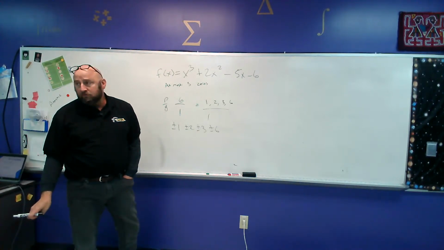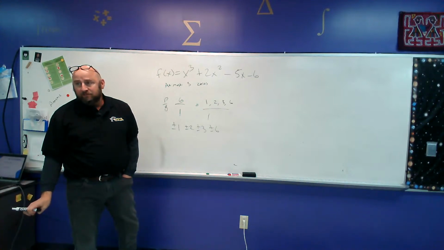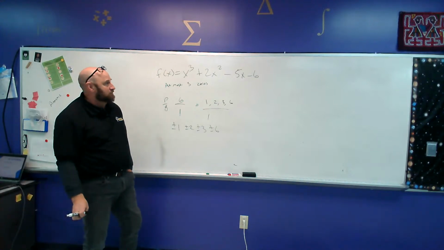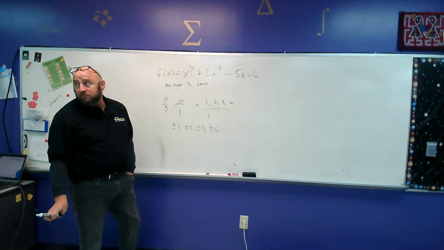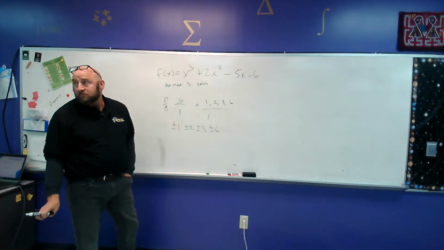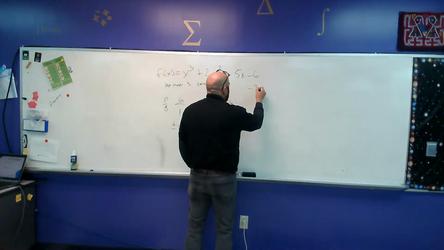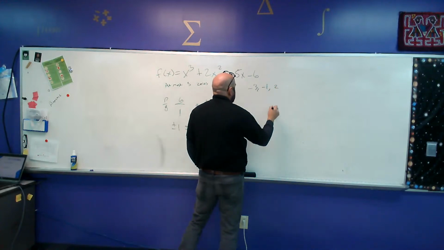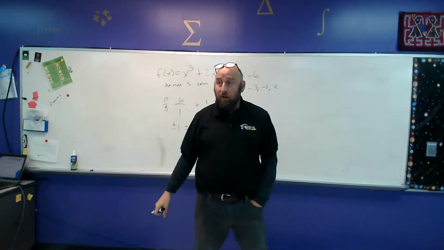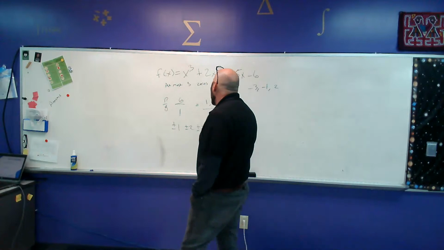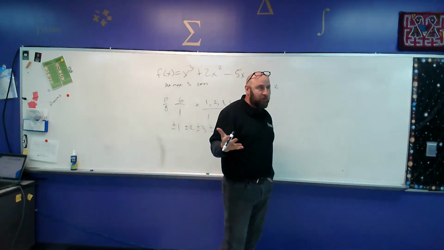Or pick one, I don't care. Anybody see one? Okay, the likely zeros are -3, -1, and +2. Those are probably not only likely, they're probably actual. But we want to be able to do the math.